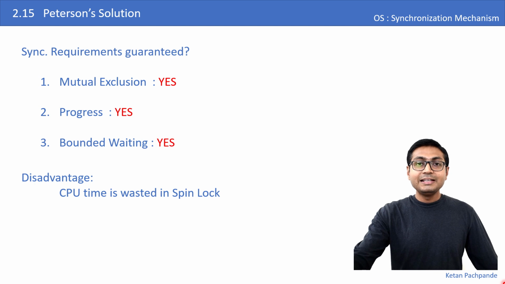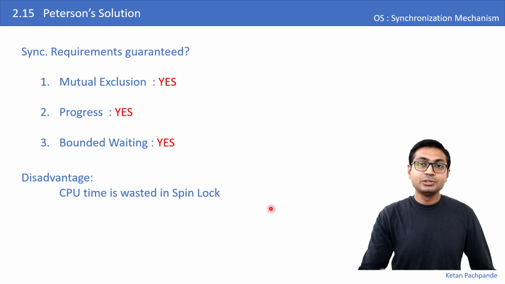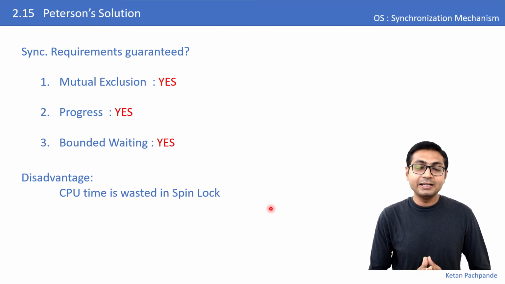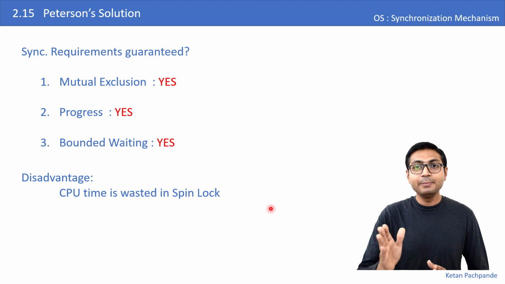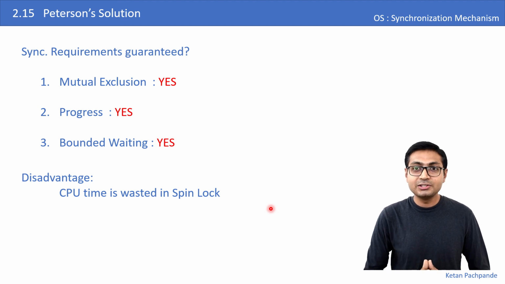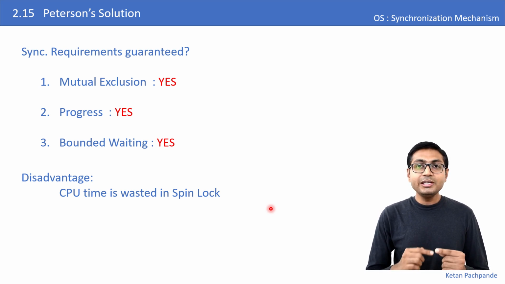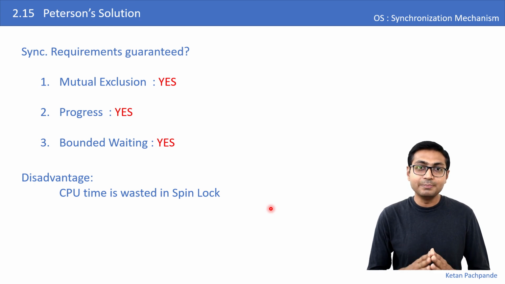What is the disadvantage of this Peterson solution? You see, all these three requirements are guaranteed. So this is the perfect solution that any programmer wants to implement to solve the problem of synchronization if multiple processes are trying to access the same resource. Now the disadvantage is that while doing the spin lock, that is busy waiting, it is going to take much CPU time.